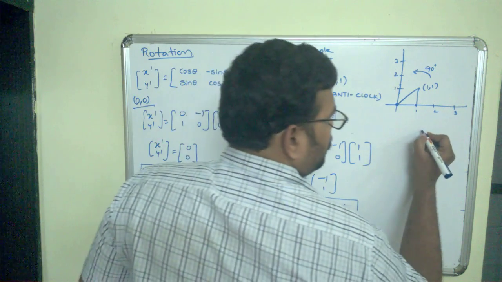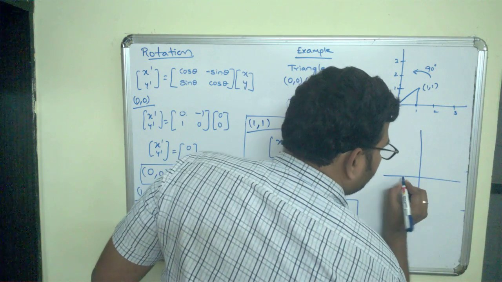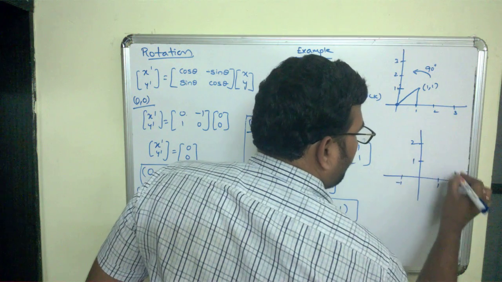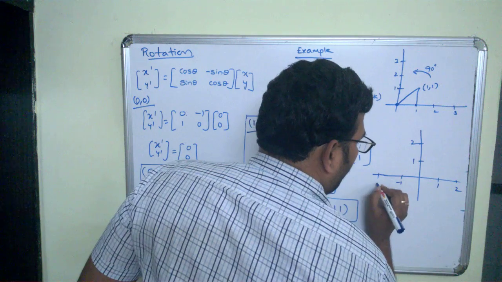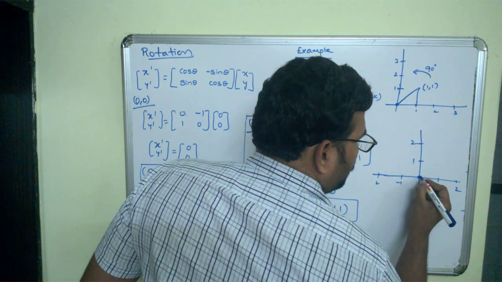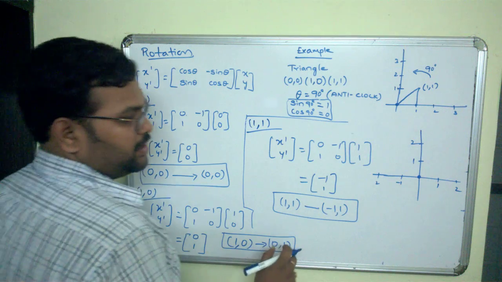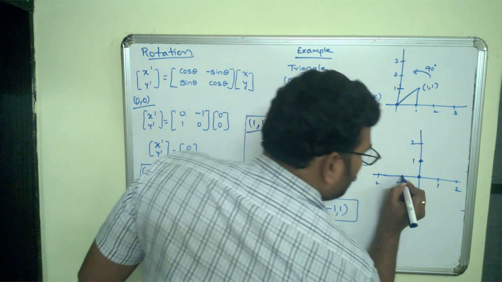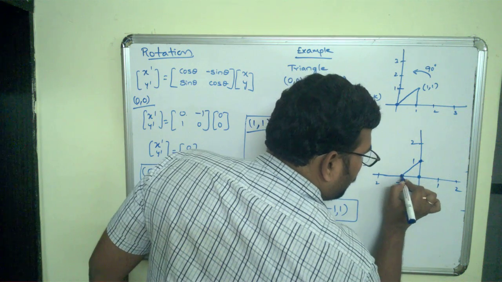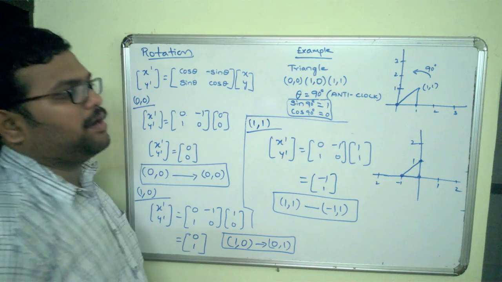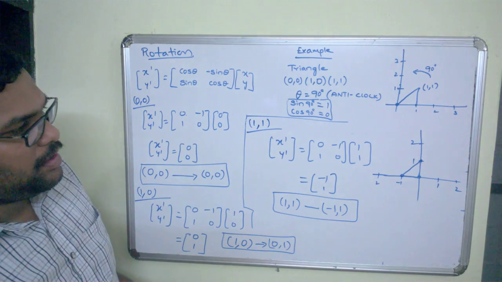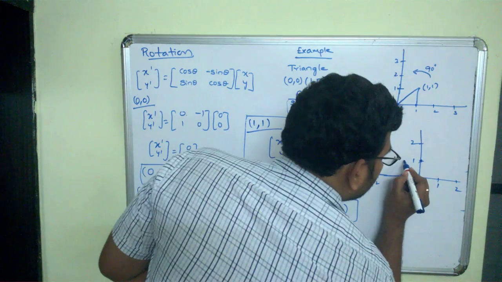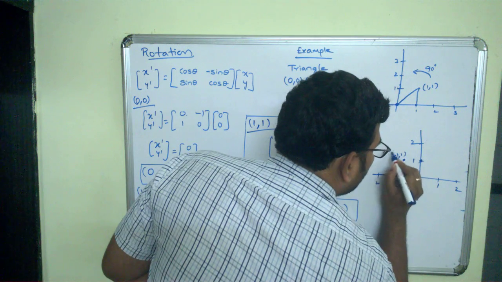Now let us draw the graph so that we can observe the change. This is the first point, 0 comma 0. Next, 0 comma 1, and this is minus 1 comma 1. So this is the rotated triangle.